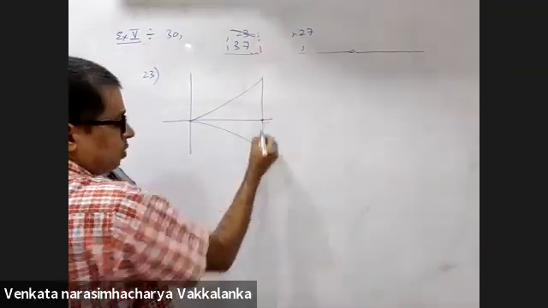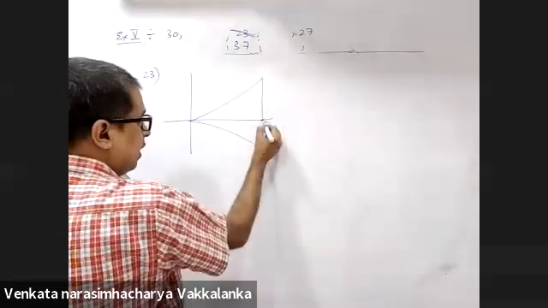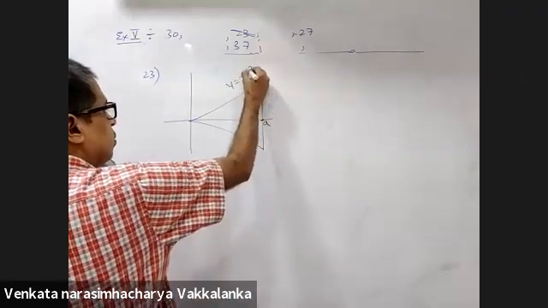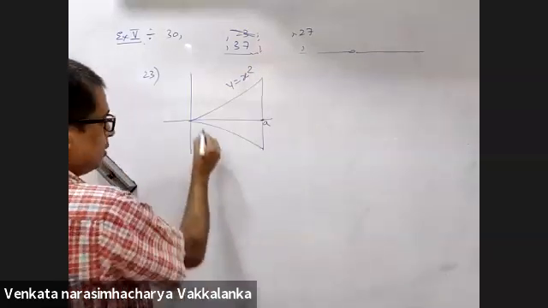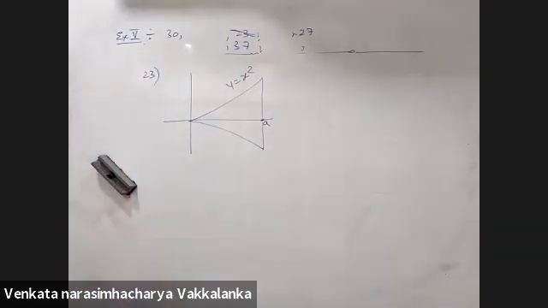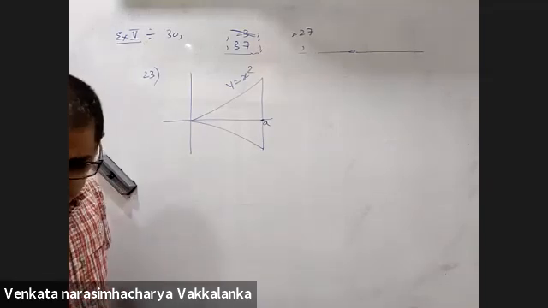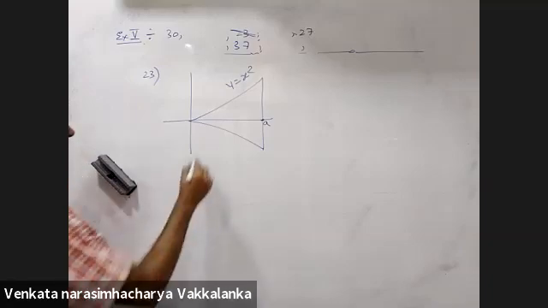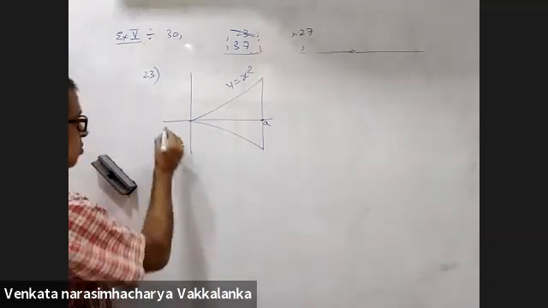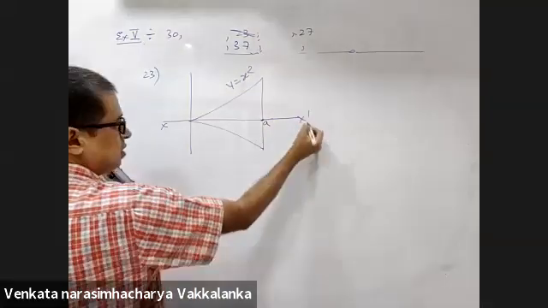Have a look at this. This point is A. This is y equal to x square. This will be y equal to minus x square. Right? Yes or no? Yes. Now, an element I about xx dash is the requirement.